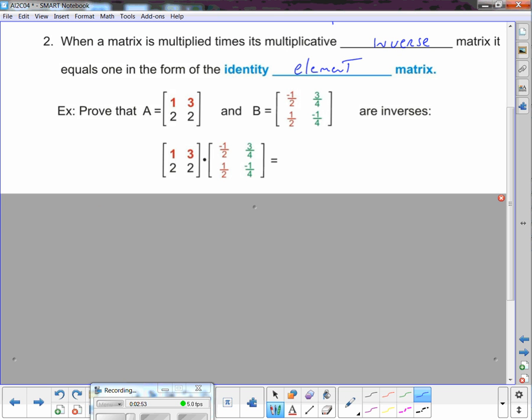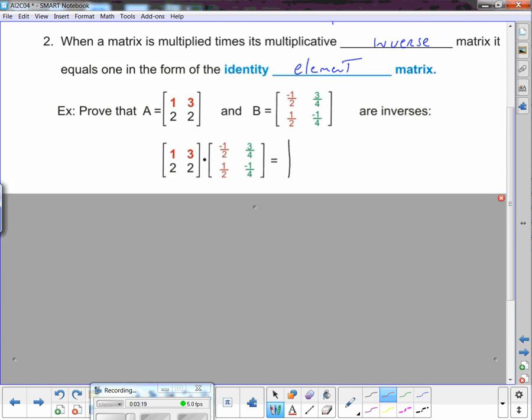Okay, so we've got the matrix 1, 3, 2, 2, and then is this indeed its inverse? All right, we got to go back to multiplying matrices. So, do you remember the pattern? Across and down. That's what we've got to do here. Okay, so let's see if you can follow.